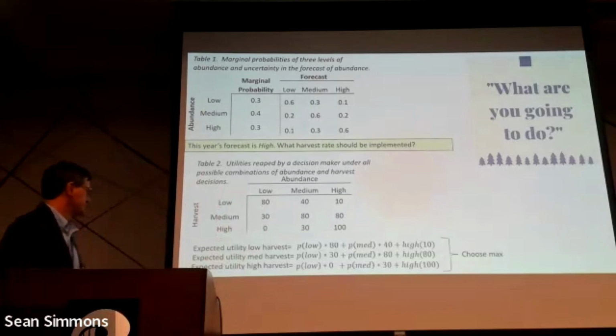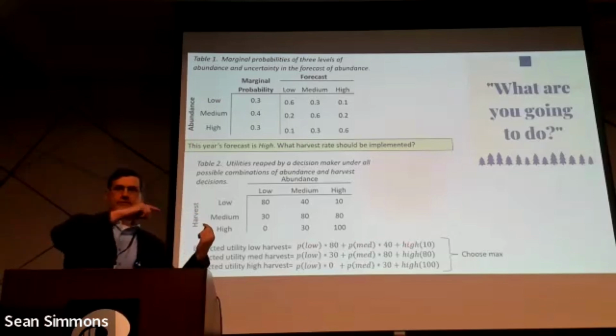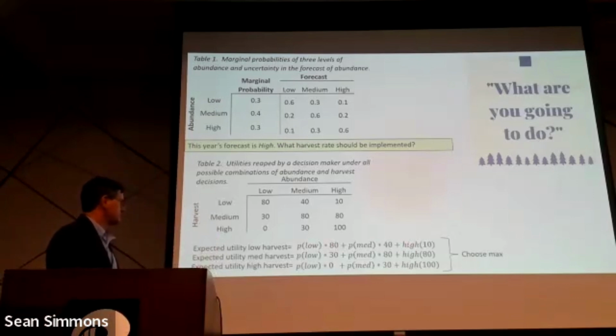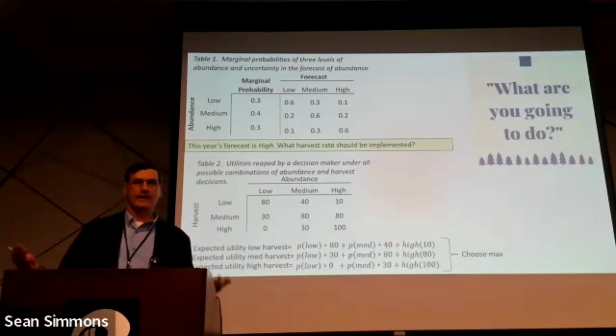All this is the probability of the abundance being low, medium, or high, as computed from the previous slide using Bayes' theorem, and multiplying it into the corresponding utility of each one of those situations. So you just do this arithmetic and you see which one of these harvest strategies gives you the highest utility. And that's the one you should pick.